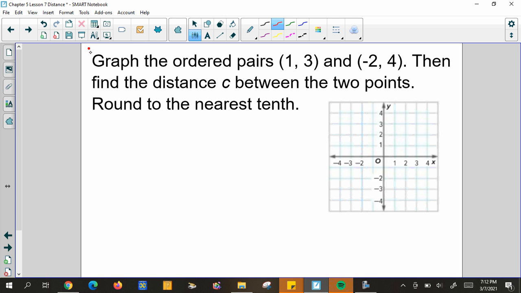The first part, we need to go ahead and graph these. So 1, 3, -2, 4.